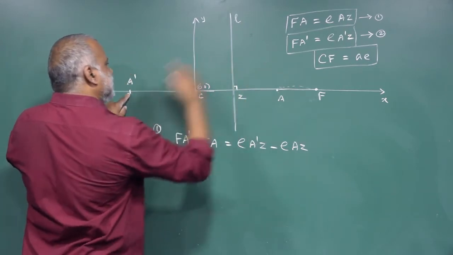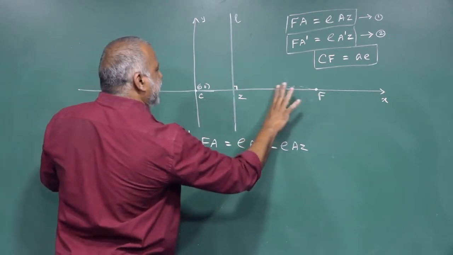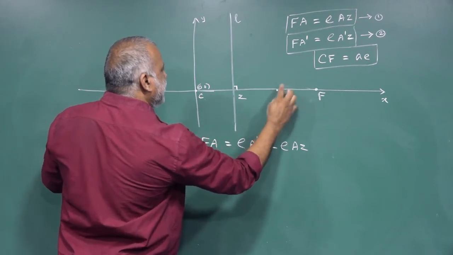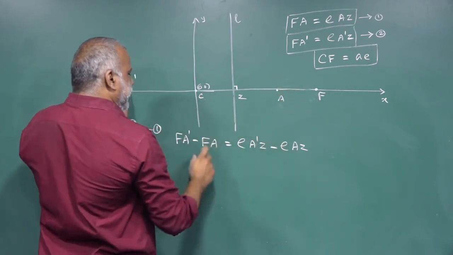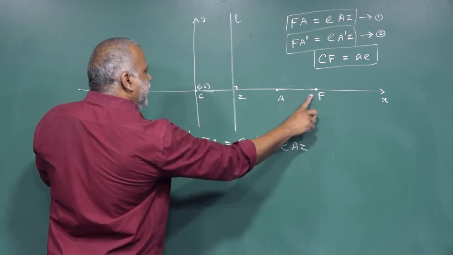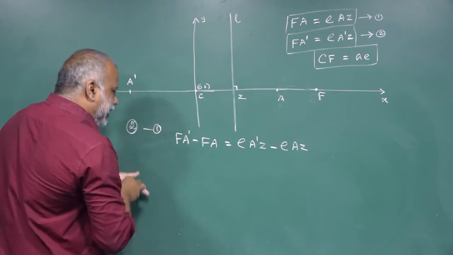This is the total distance from F to A dash. Remove this FA, that means subtract this FA, we get A dash. Use the finger properly, you can get the idea in a very clear way. See, FA dash is initially this. I want to subtract this FA. Therefore, my finger comes here. This is nothing but A dash.